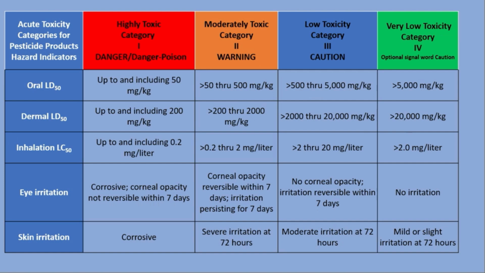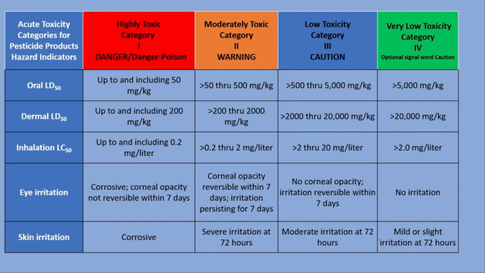Looking further down on our chart of acute toxicity categories for pesticide products hazard indicators, you're going to see inhalation LC50. If we look at this under the column highly toxic, category 1, danger/danger poison, you can see it's up to and including 0.2 milligrams/liter.